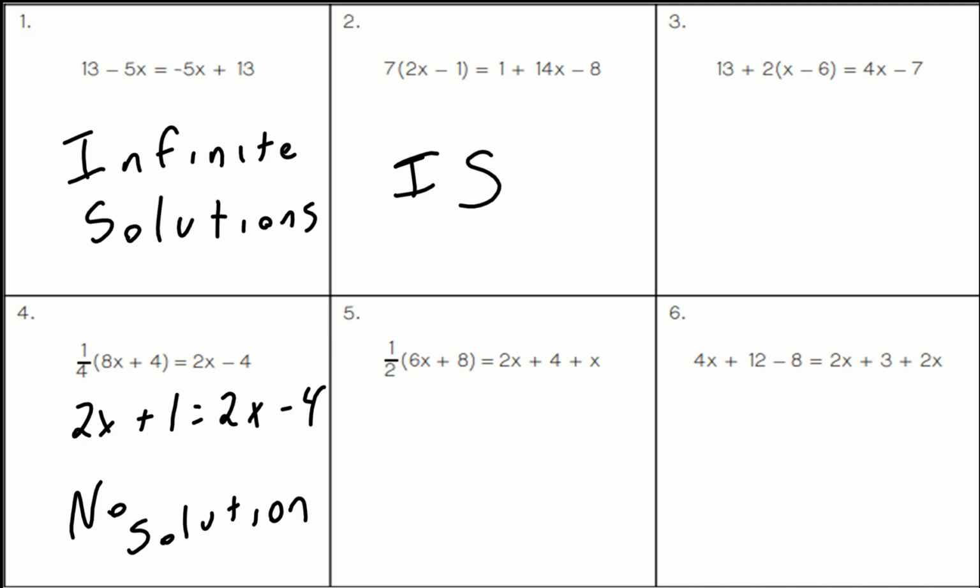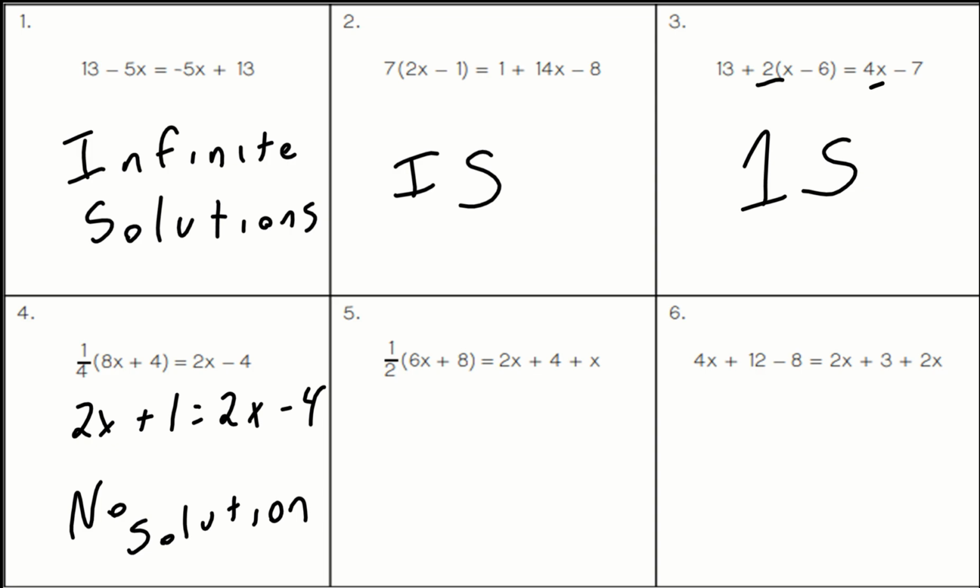All right, number 3. Sarah E. 1 solution's correct. When I distribute right there, I got 2x. On the other side, I got 4x. Those are my only coefficients. Coefficients are different. That means we got 1 solution.